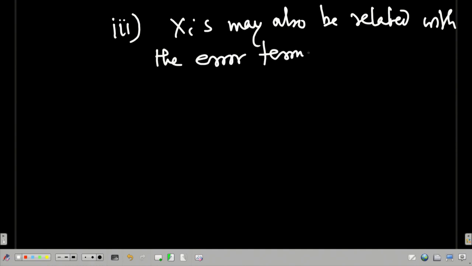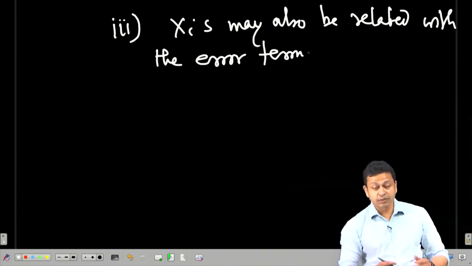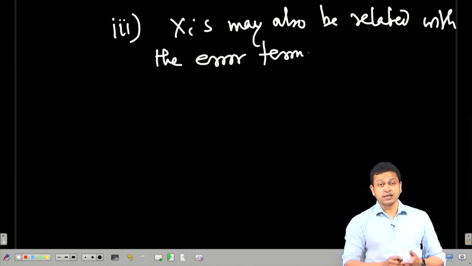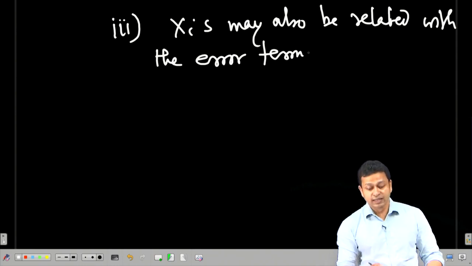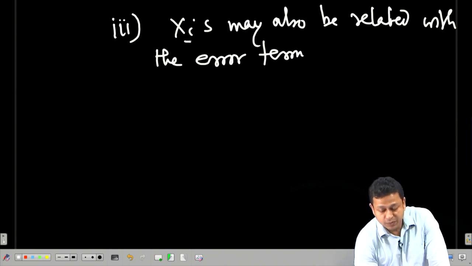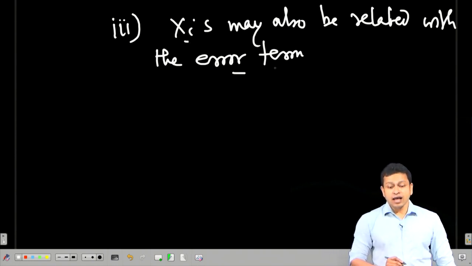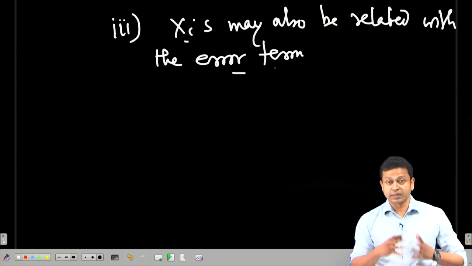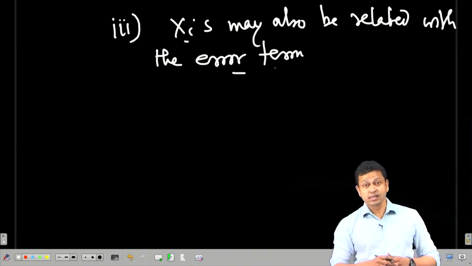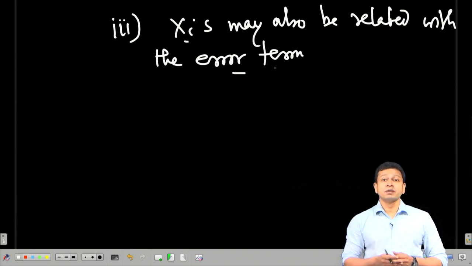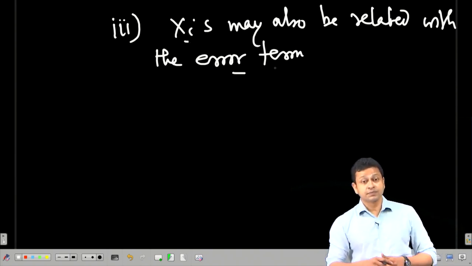In the previous case, when we talked about the unbiasedness of the regression estimator, we were assuming that xi's are required to be independent of the error term, but the moment I allow the joint probability distributions among the xi variables, I also create the possibility that xi's may be related to the error term.